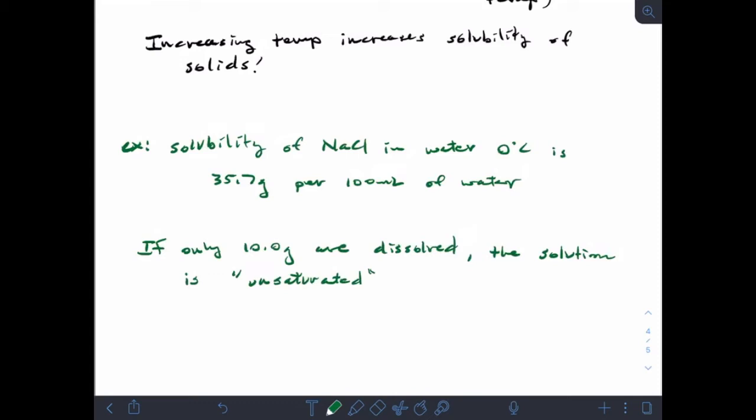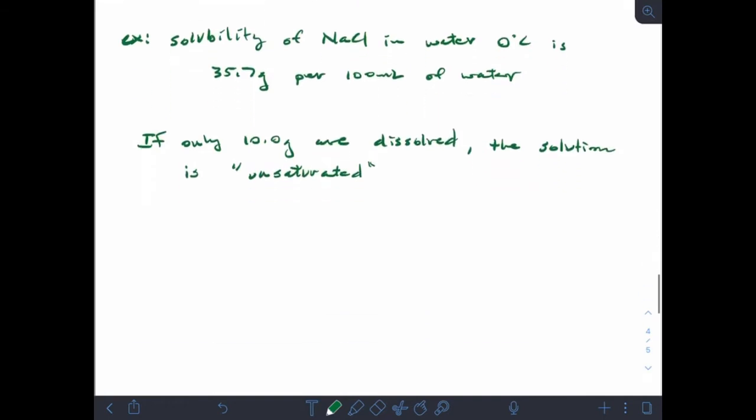We can still dissolve more. So if the solubility of sodium chloride is 35.7 grams per 100 mils, if I've only got 10 grams in there, I can still dissolve more until I get to the saturated point, to the point where no more will dissolve, till I reach that dynamic equilibrium.